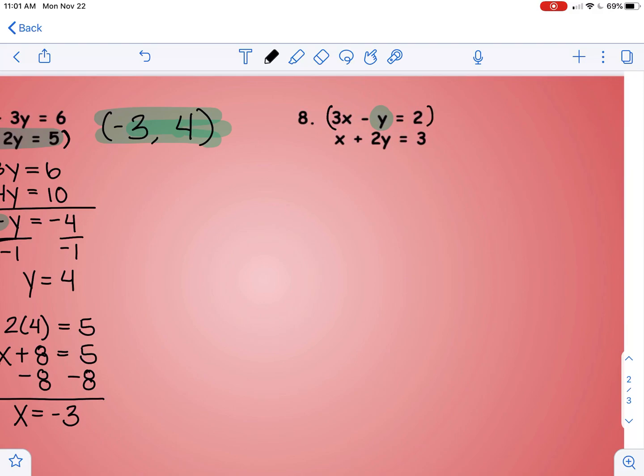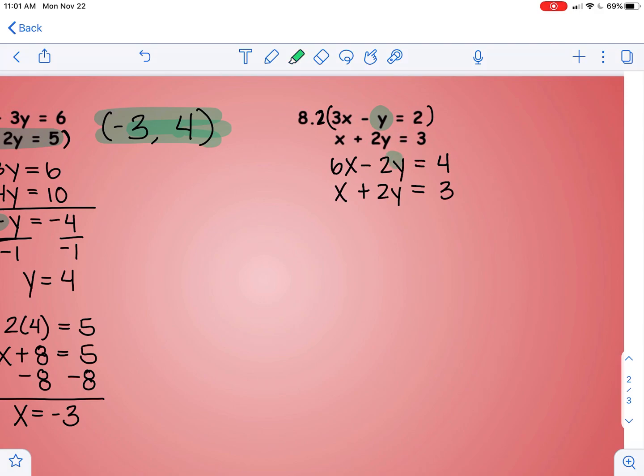So I'm going to multiply this whole thing by 2. So I'm going to get 6x minus 2y is equal to 4. And then I have x plus 2y is equal to 3.